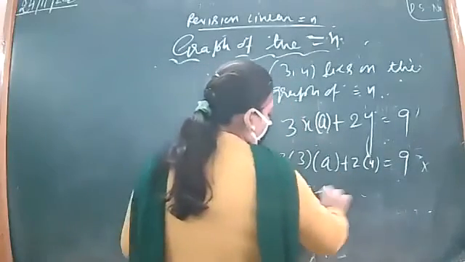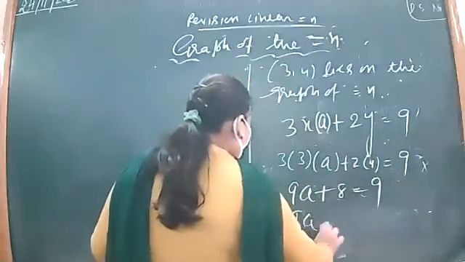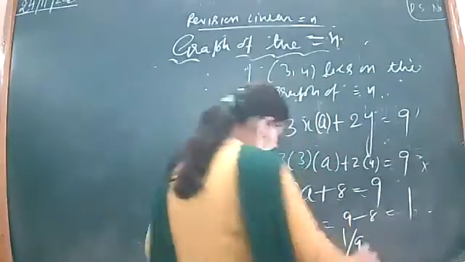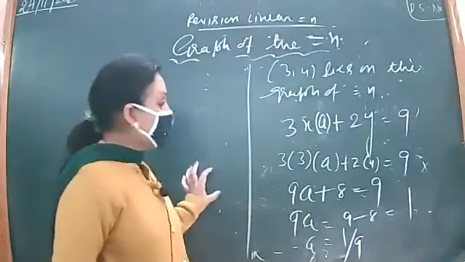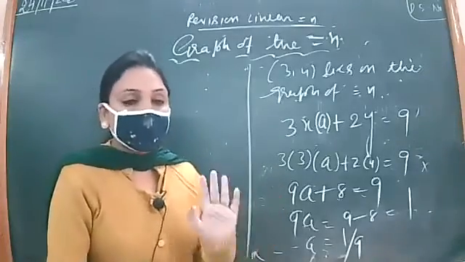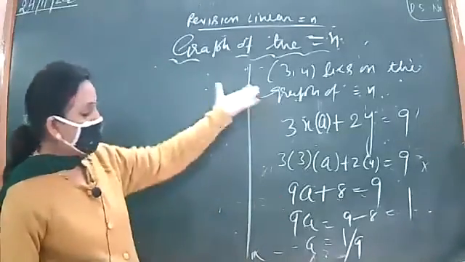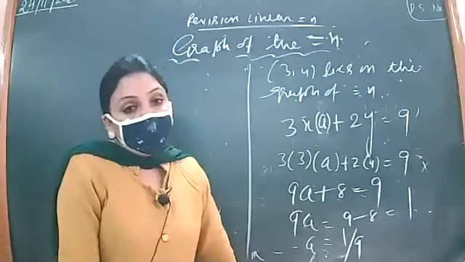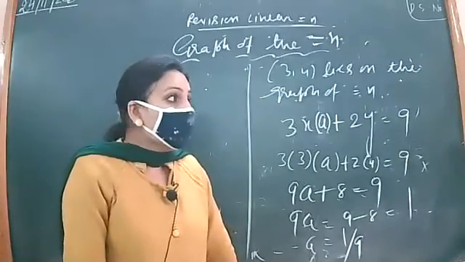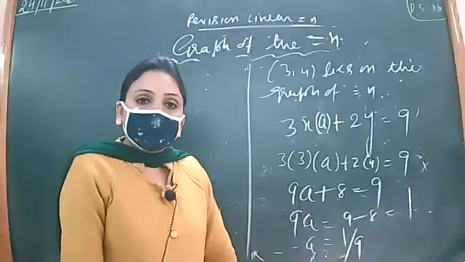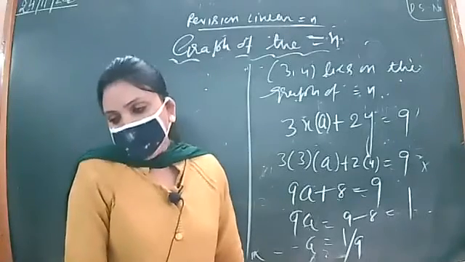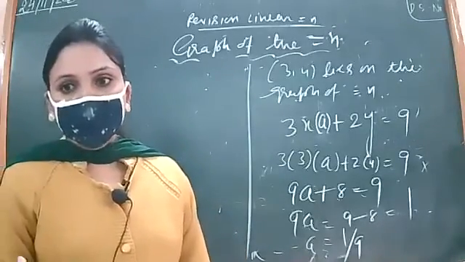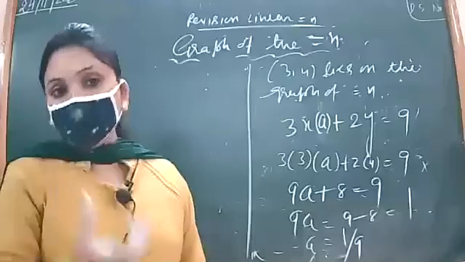So 9a + 8 = 9. 9a = 9 - 8 = 1. a = 1/9. In such questions there is no difference in solving, just a difference in the framing of the question, but the meaning is the same, because whether he says solution or says it lies on the graph, it is one and the same thing, right? So let us do certain questions which involve the framing of the equations.